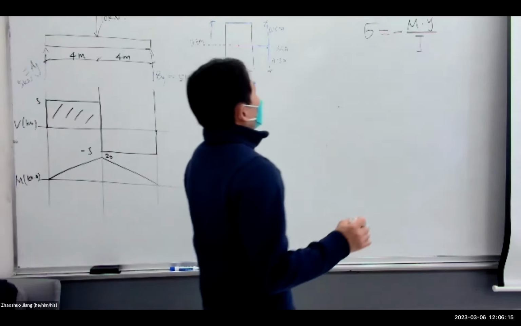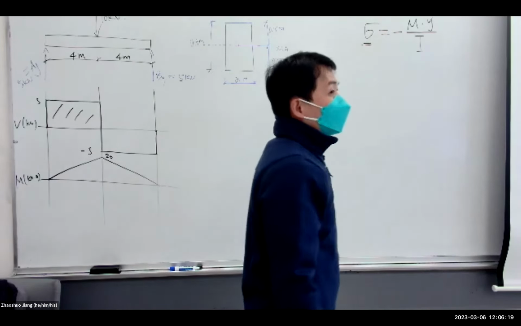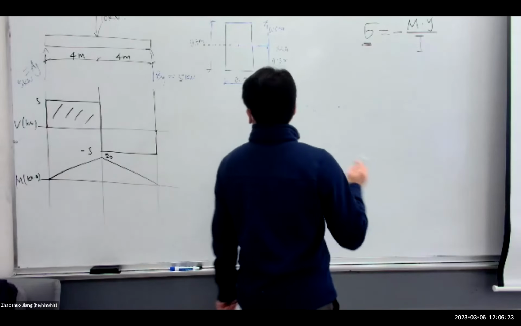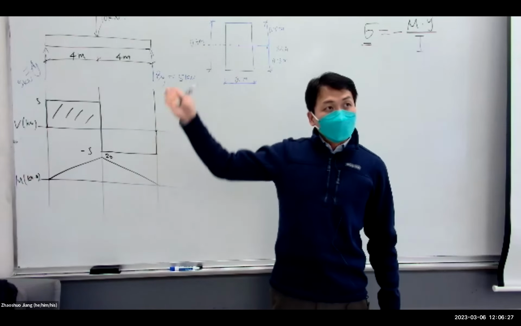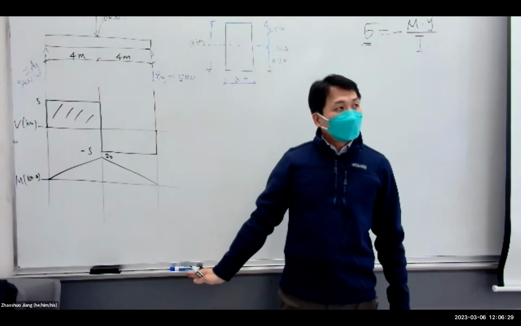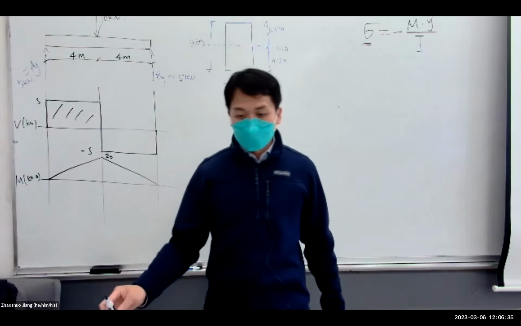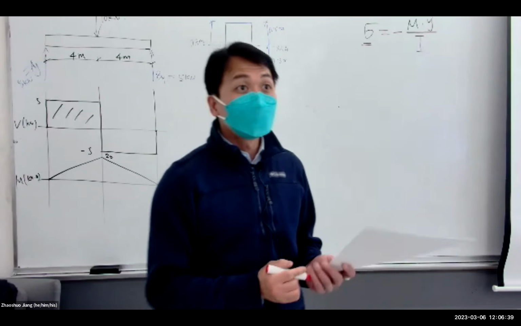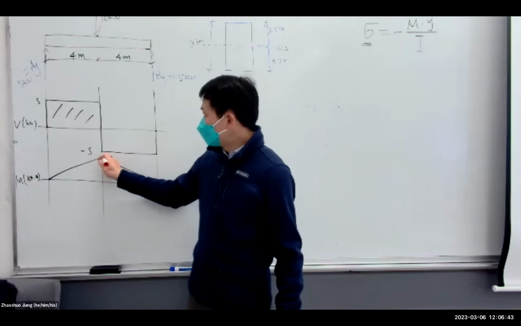Now, because we are trying to find the maximum normal stress, the first step is, if you look at the whole beam here, which plane gives us the maximum moment? Where? It's this one here, right?